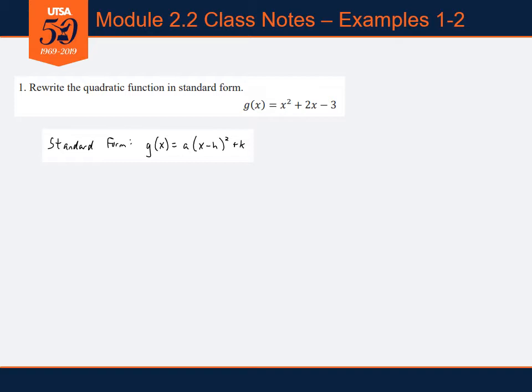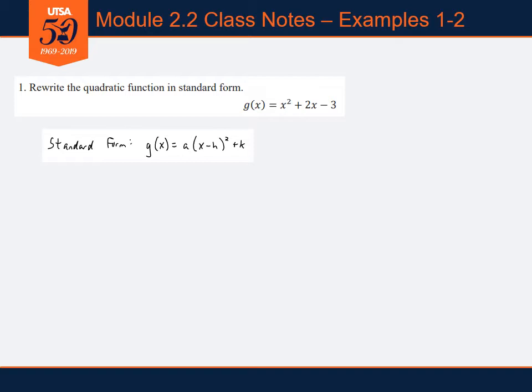You noted the vocabulary word vertex in your pre-class work for this module. It's just the point right in the middle, the base of the parabola. If we're looking at the graph of a quadratic function, that's the vertex. And that's given by the point with x value h and y value k, the point (h, k).